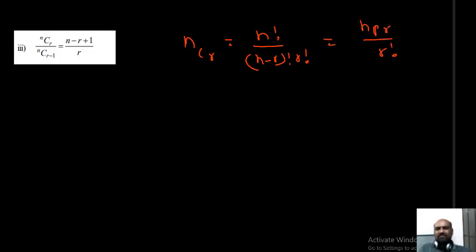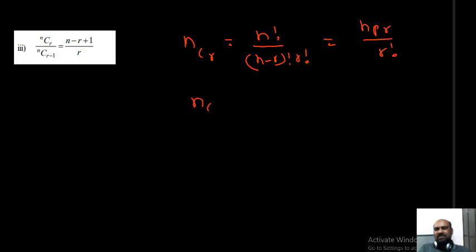Okay, what I got actually: nCr equals n factorial by (n minus r) factorial into r factorial, or nPr by r factorial.